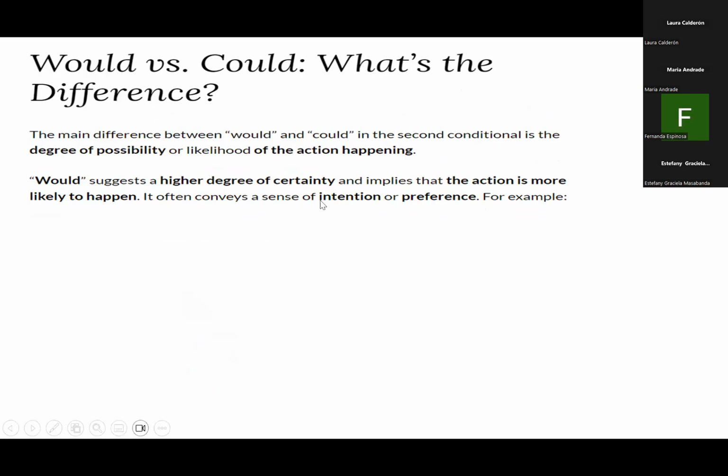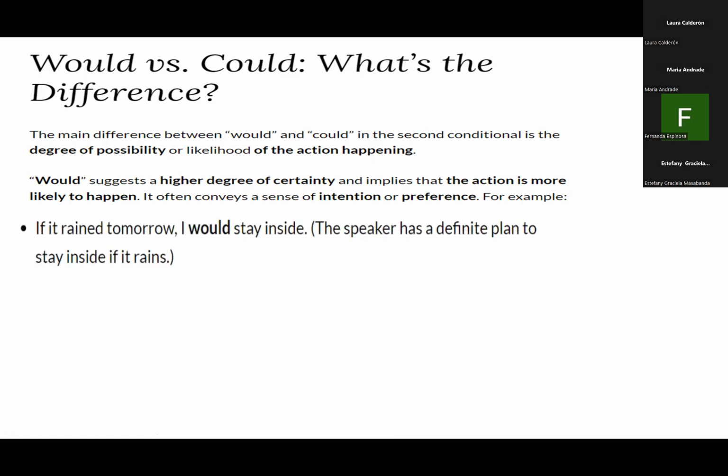Would suggests a higher degree of certainty and implies that the action is more likely to happen. It often conveys a sense of intention or preference. So when you express an idea of preference or an intention that you have, it's better to use the modal would and not the modal could.